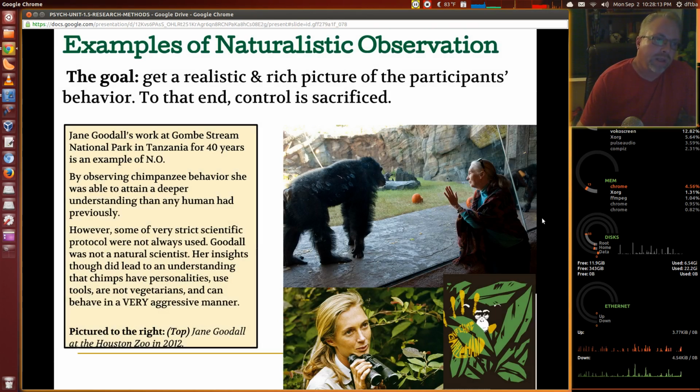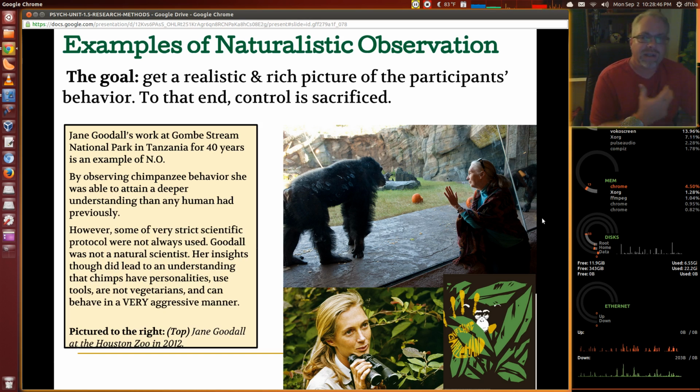So a really classic example of the goals of naturalistic observation is Jane Goodall's work with chimpanzees, and you see her at the Houston Zoo on the right side there, and a much younger picture of her at the bottom. She worked for over 40 years observing chimpanzee behavior, and she came to understand some insights that scientists had never seen before and understood before about chimpanzees.